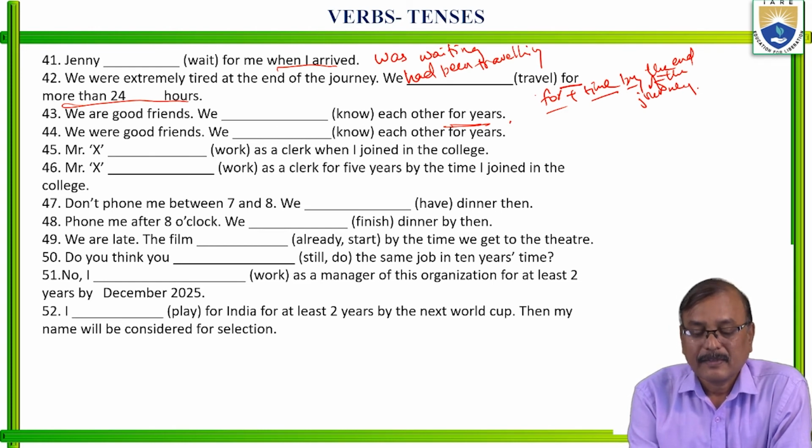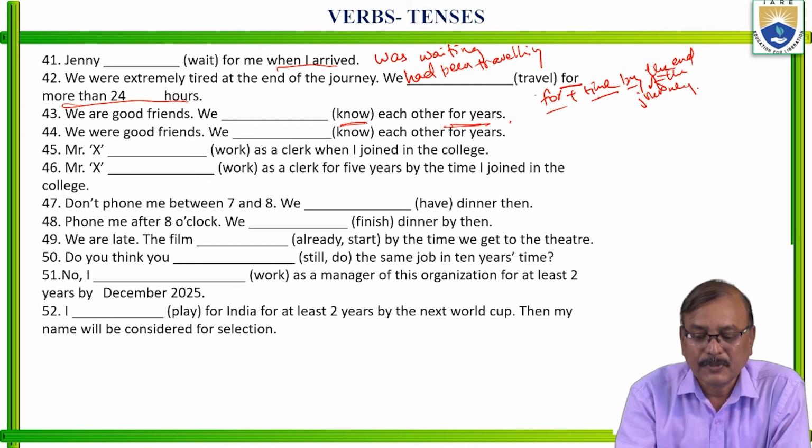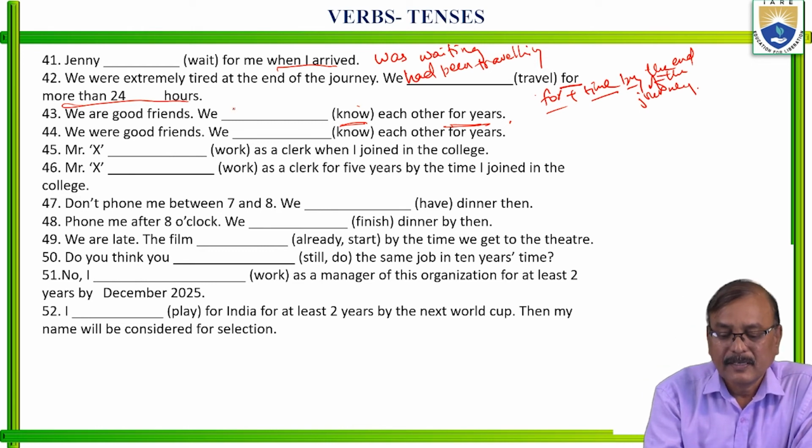But you see the verb here, know. Can you use the word know in continuous tense? Is it I know it, I know you? Right? So, is there any process of the action, any progress of the action? No. So, don't use this verb in the continuous tense. So, instead of writing we have been knowing, just write here, we have known.